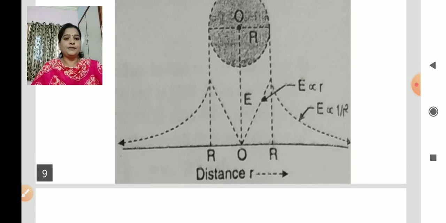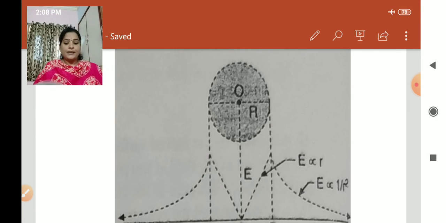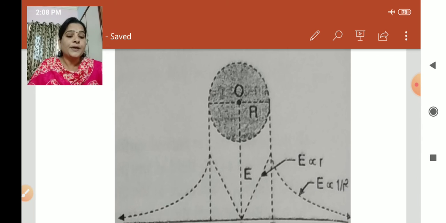Now you can have a look over this. Here the intensity is found to be maximum on the surface of the sphere, and it varies inversely with the radius when the point is outside the sphere.